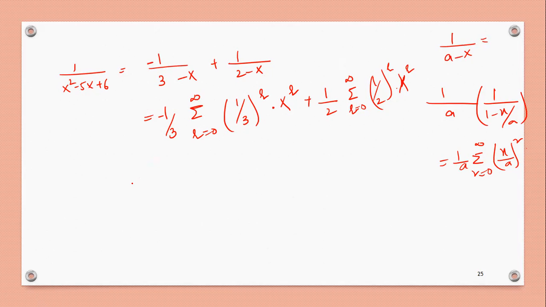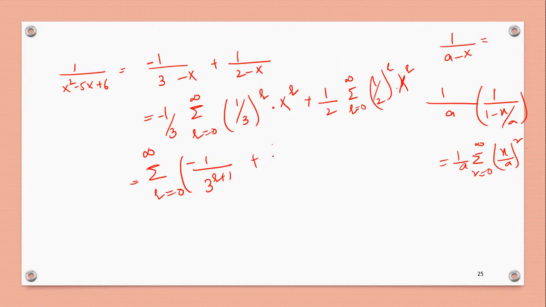Now after that, since we are supposed to find the coefficient, or write it in the form of a generating function, r is equal to 0 to infinity, minus 1 by 3 and we have over here 1 by 3 power r. So this can be written as minus 1 by 3 power r plus 1.